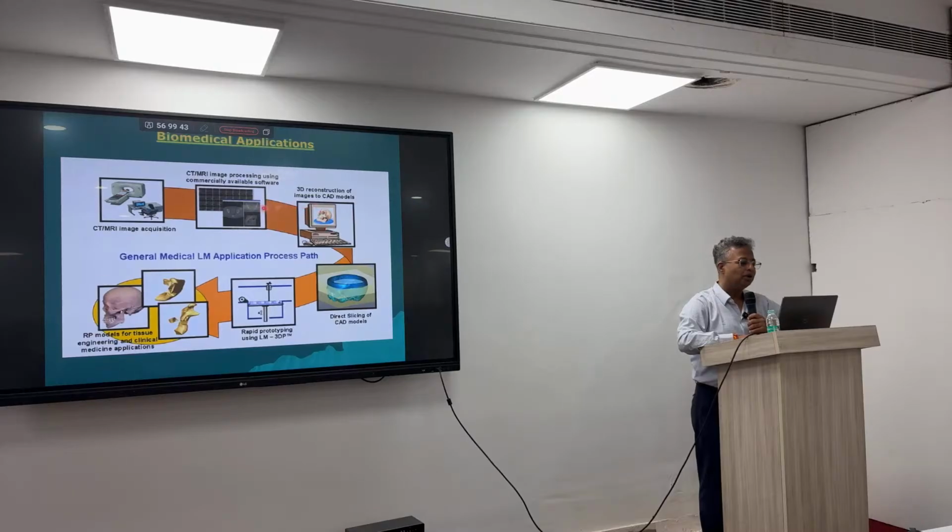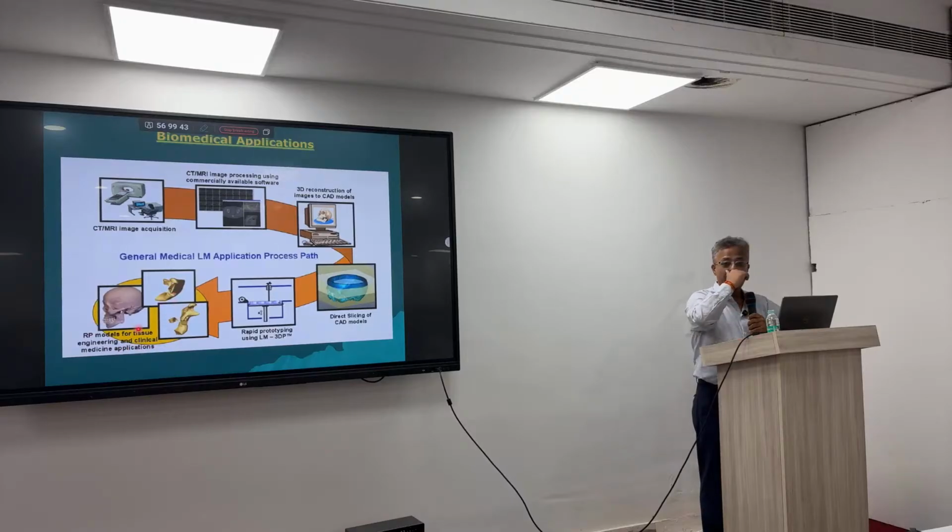So you need to import this digital file into the software, and then you can reconstruct the digital model. The model will look like this. And then you can export it as an STL file, which can be used to slice and operate in the printer, or you can create these kinds of models.